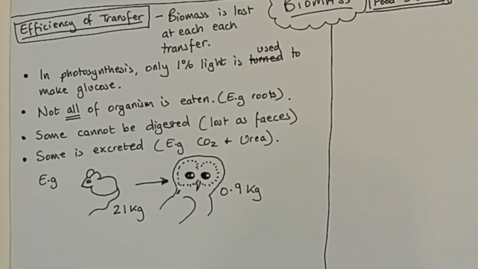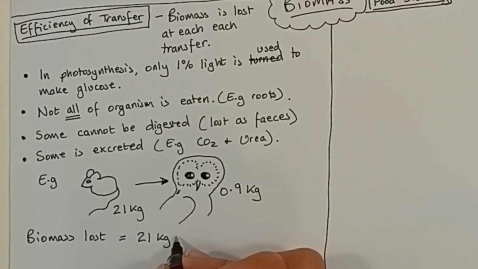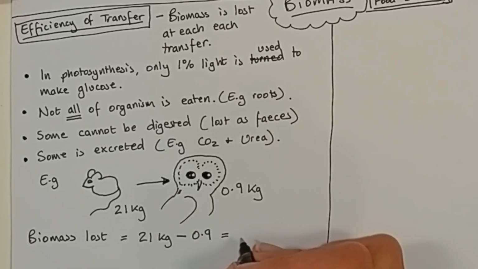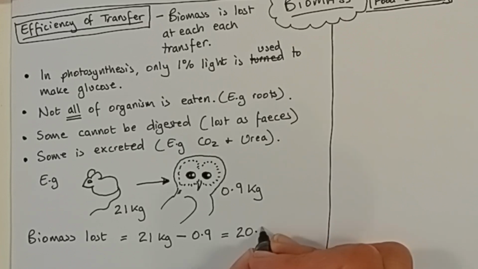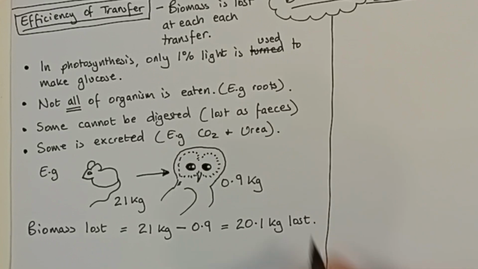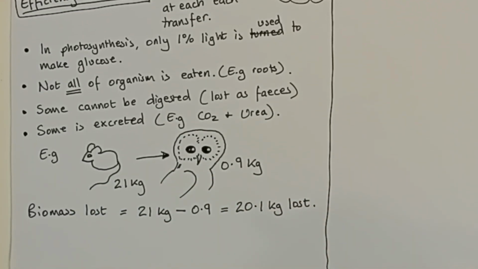So we could calculate the biomass lost easily by simply taking the mass of the owl away from the mass of the mice it's eaten. So the mice were 21 kilograms, the owl was 0.9 kilograms, which means it's lost 20.1 kilograms biomass in that trophic transfer, that transfer between primary consumer and secondary consumer.